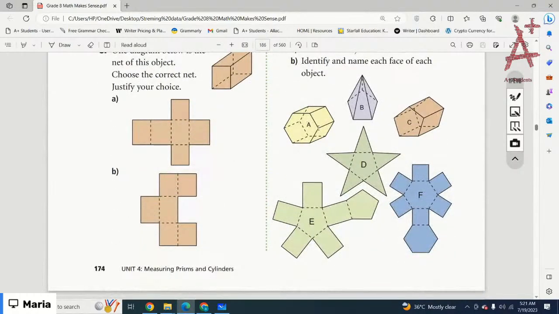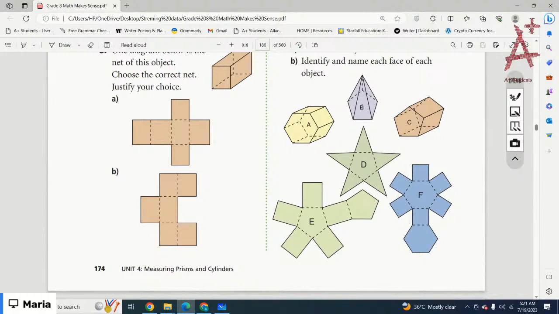Okay, B and D are the same. Got it? They have one, 2, 3, 4, 5. It is a pentagonal pyramid. B is the pentagonal pyramid. It has one pentagonal base and five triangular faces. Got it?